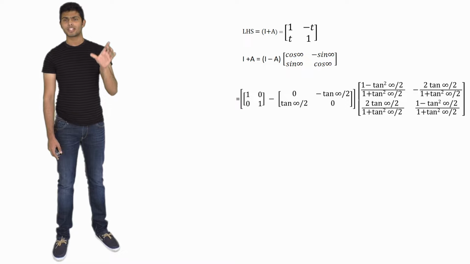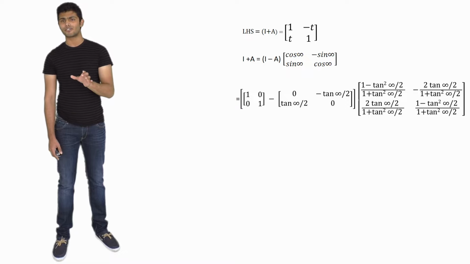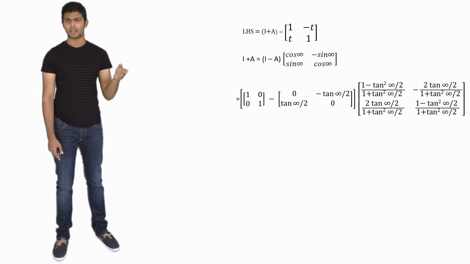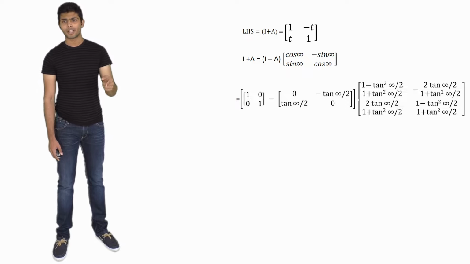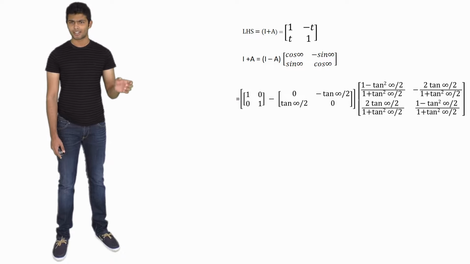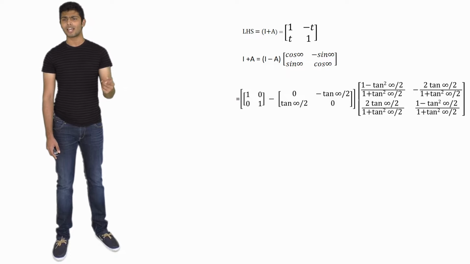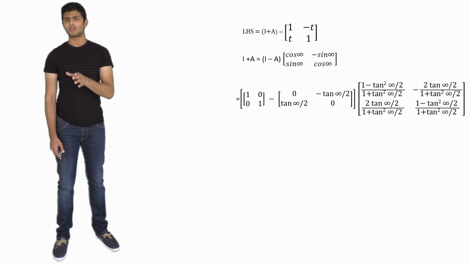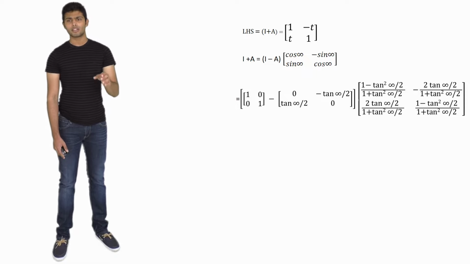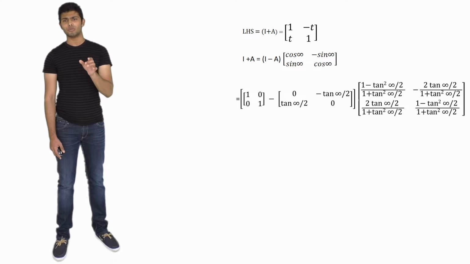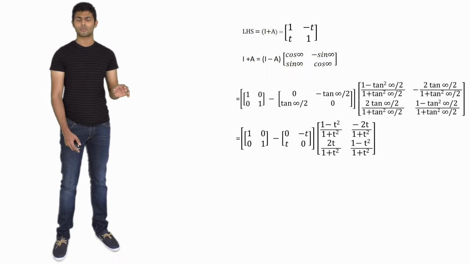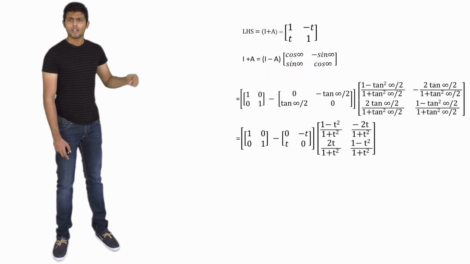And we're going to substitute the values of cos θ and sin θ in the half angle form: cos θ is 1 minus tan square θ/2 divided by 1 plus tan square θ/2, and sin θ is 2 tan θ/2 divided by 1 plus tan square θ/2. We earlier considered tan θ/2 to be t, so let's substitute t in this equation, and we're going to get this equation over here.